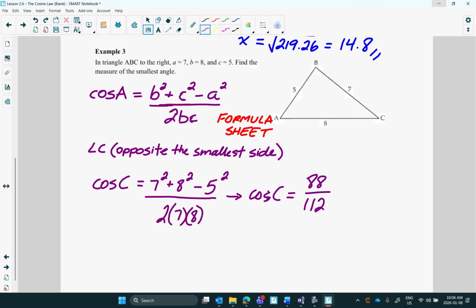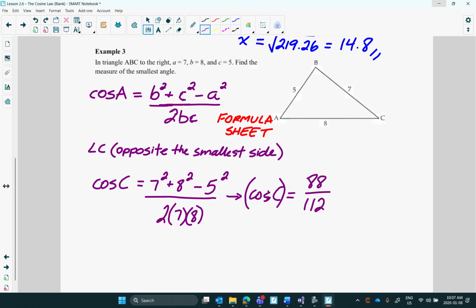Well, I know what cos is. How do I find C? What do I do? How do I find angle C? How do I get rid of the cos? Yes, cosine inverse.